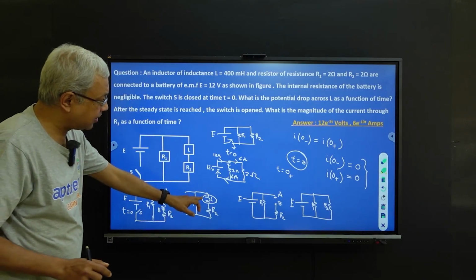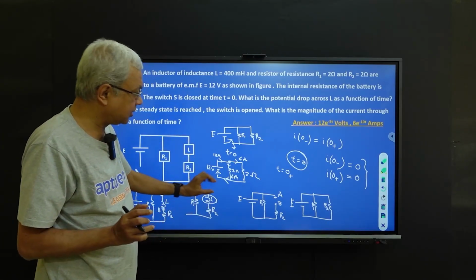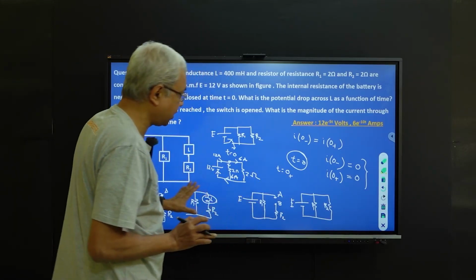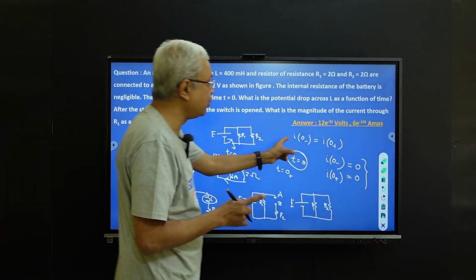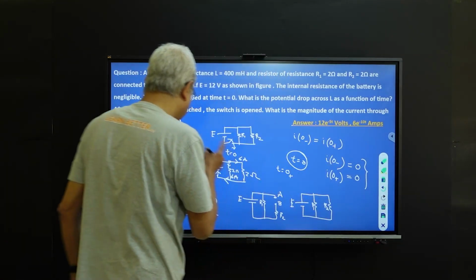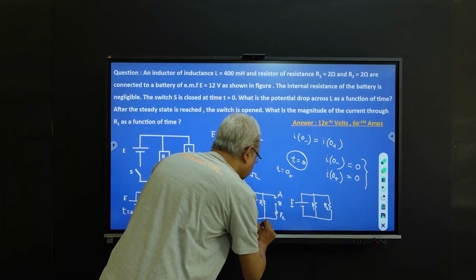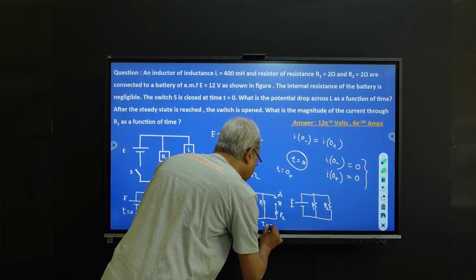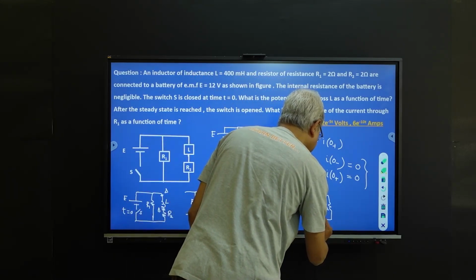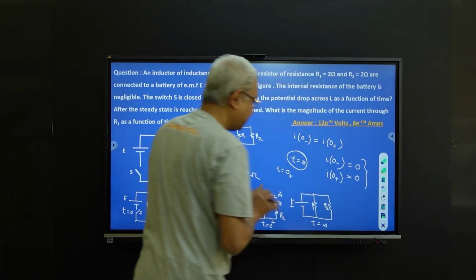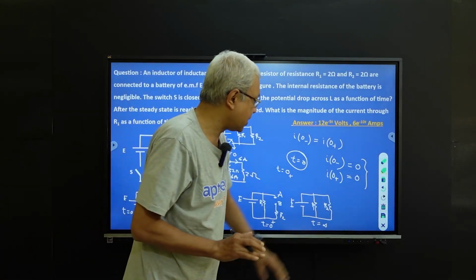Ideally the inductor's resistance is 0, it behaves like a short circuit in the steady state, but in the beginning, at t equal to 0 plus moment, it behaves like an open circuit. So this is t equal to 0 plus moment, and this is mathematically speaking t equal to infinity. That means when sufficient time has passed, the circuit looks like this.